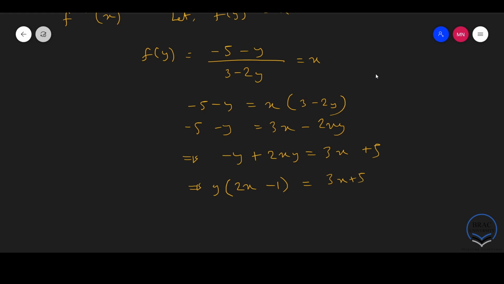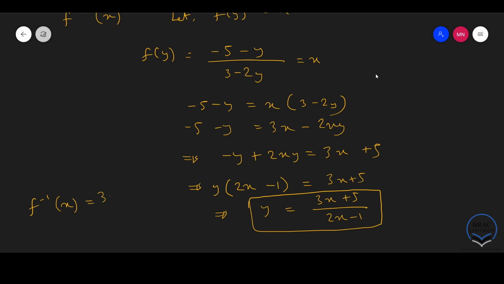Divide both sides by 2x minus 1, and we get this equation, and this is just our inverse function. So f inverse of x is equal to (3x plus 5) over (2x minus 1). So this is our inverse function.